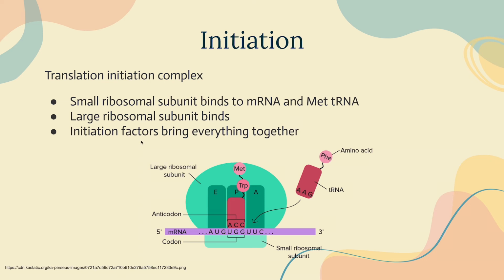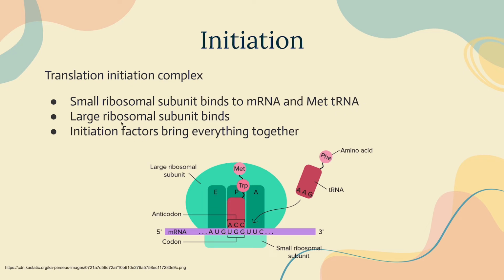Okay, so initiation is where we form the translation initiation complex. The small ribosomal subunit binds to the mRNA. This is actually not a good picture, but I couldn't find a better one, so pretend that this codon is right here. The small ribosomal subunit binds to mRNA and a tRNA that's carrying methionine.